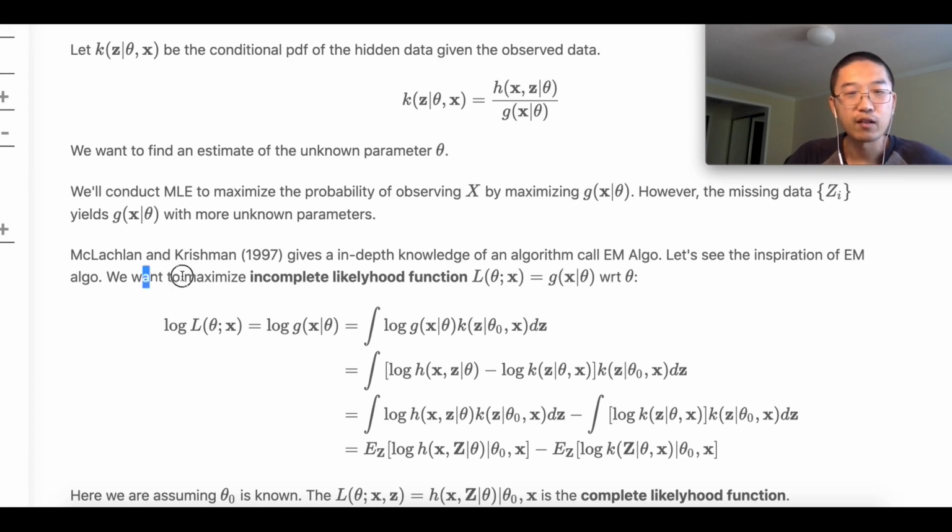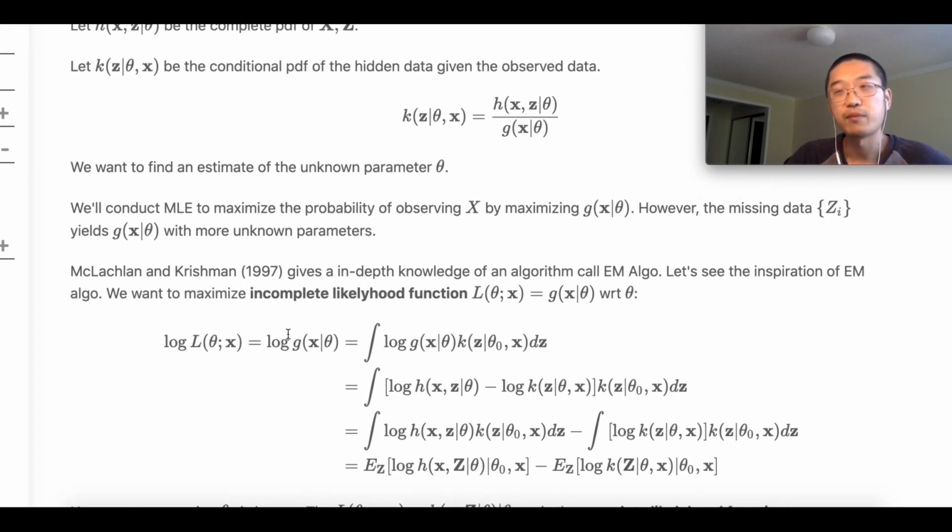What is the EM algorithm trying to do? The EM algorithm is trying to find the point estimates of those unknown parameters theta by maximizing the probability of observing this exact sample we see. We're trying to maximize this probability.